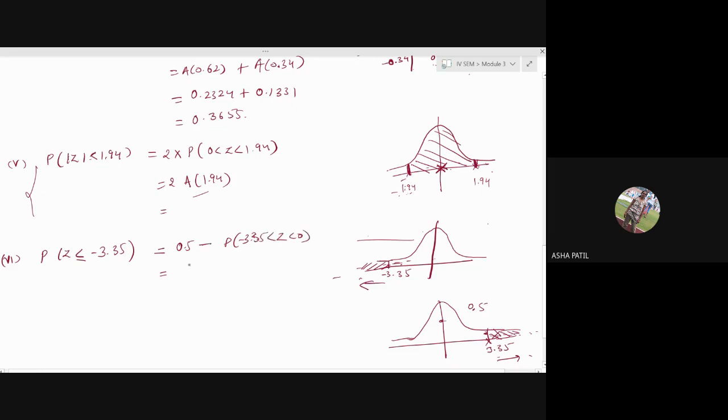Actually, you have to write like this, or it is 0.5 minus probability that 0 less than Z less than 3.35. Whether you are taking the area to the left or to the right, it will be same. So instead of writing minus 3.35 to 0, we can write 0 to 3.35. Then it becomes 0.5 minus A of 3.35. Whatever answer you get, you can just put it up.